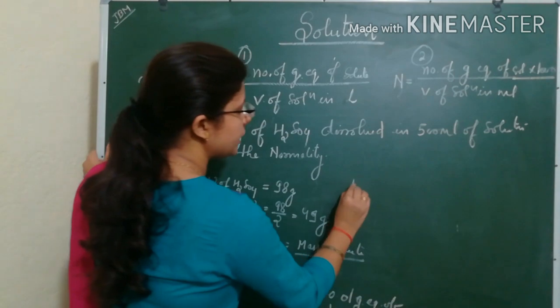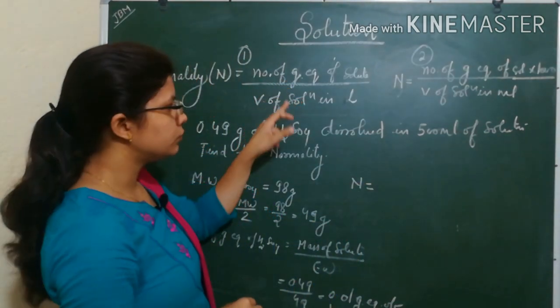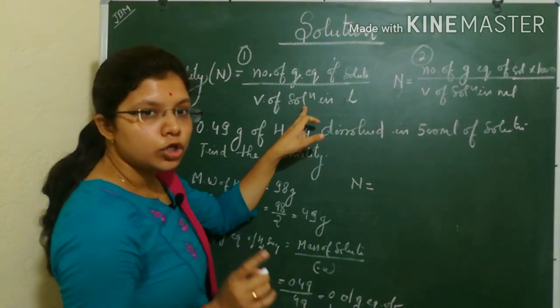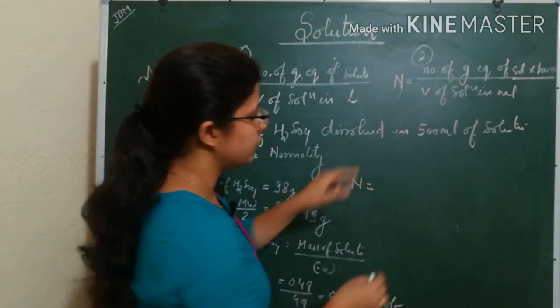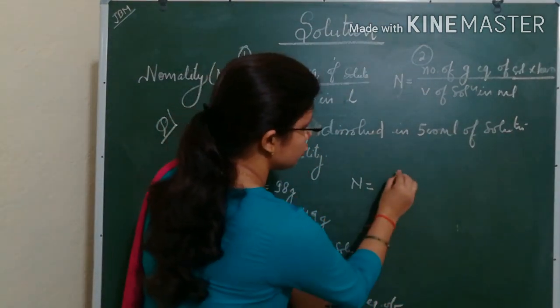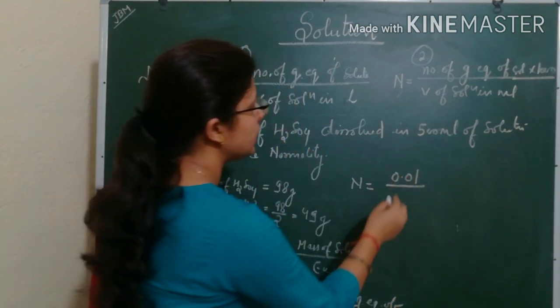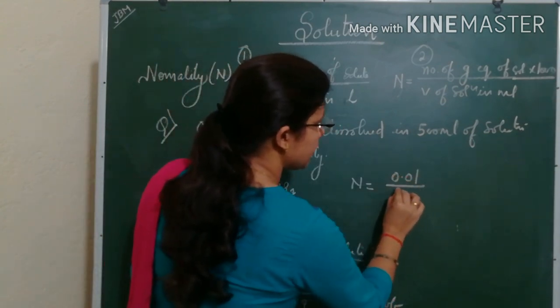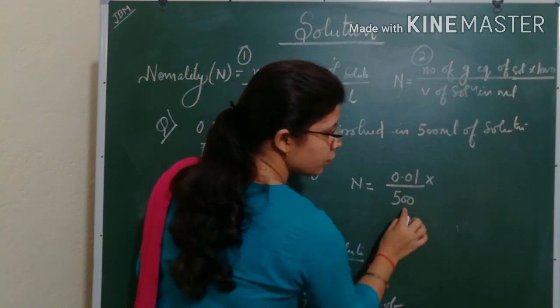What is normality? Normality is the number of gram equivalent of a solute divided by volume of a solution in milliliter. This formula is used here. So 0.01 is the number of gram equivalent of a solute and volume of a solution in milliliter, so 500 is here, in the form of milliliter.